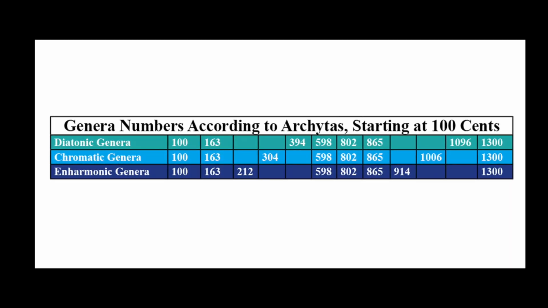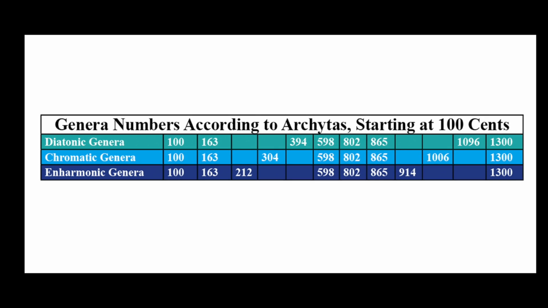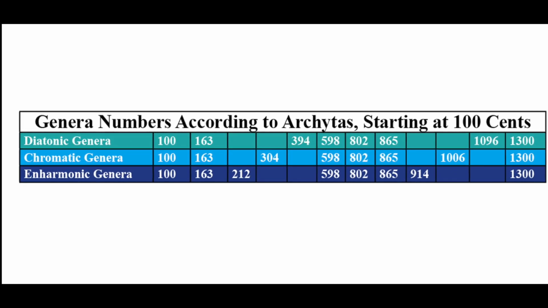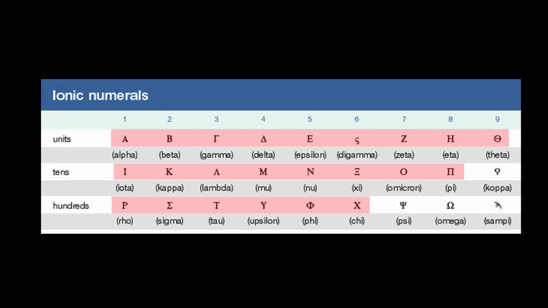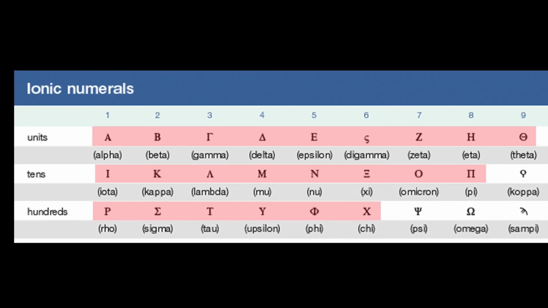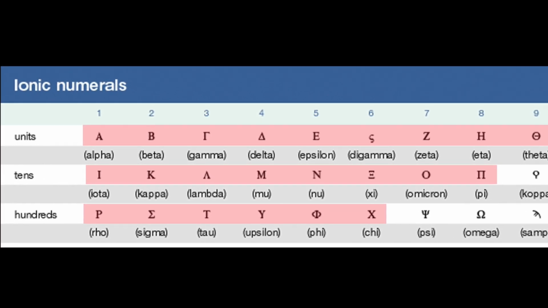However, there are 11 unique pitches belonging to the set of genera numbers Archytas published. It is interesting to note then that there are twice as many, or 22 symbols, in the CE table. This means that the notes are spread out more.